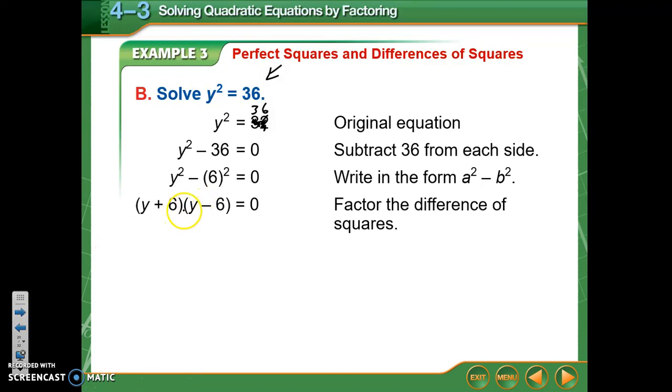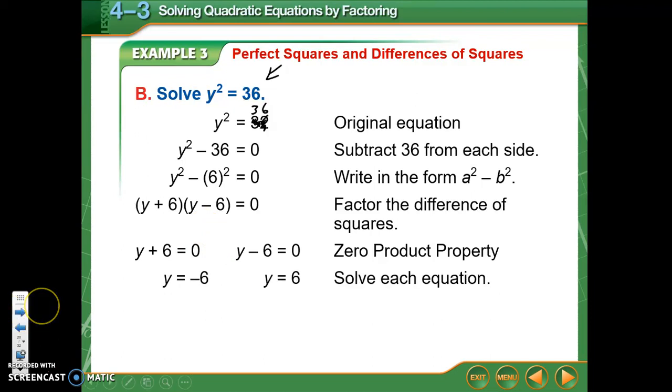So we can factor it as y plus 6 times y minus 6. Then I take each factor, set it equal to 0, and solve. So here I end up with two x-intercepts, negative 6 and positive 6, or two solutions, in this case two roots, two zeros.